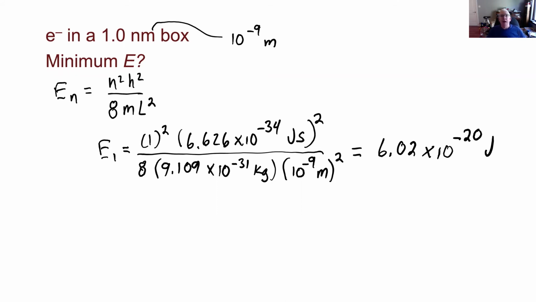That's a reasonably small energy, right? We've seen that energies for visible light photons are about 10 to the minus 19 joules typically, but it's a credible order of magnitude for the energy of an electron. If I had, for example, forgotten to square h up there, then my answer would have shifted by 10 to the 34th power, and then hopefully when I got an answer, I would have realized that it was a ridiculous answer, because I would have had an electron with an enormously large kinetic energy if I left off a 10 to the minus 34 term on the top.